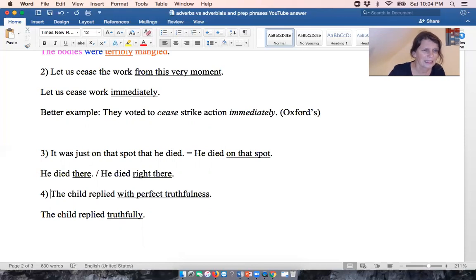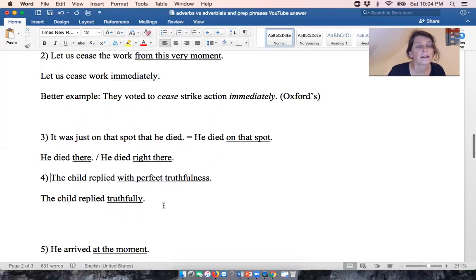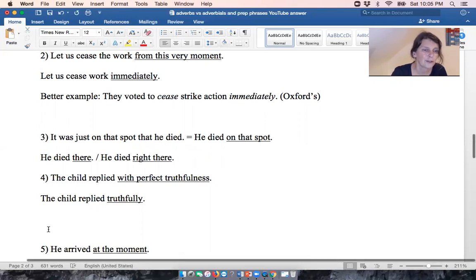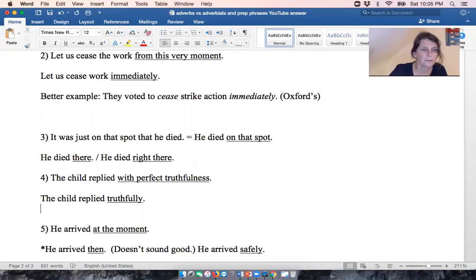Okay, next sentence. The child replied with perfect truthfulness can be: The child replied truthfully. Again, I think that this original sentence is klutzy. I almost suspect that the teacher came up with sentences like these and then replaced the adverb and then gave the job to the kids to find the original. I don't know. Anyway, the child replied truthfully would be one option.